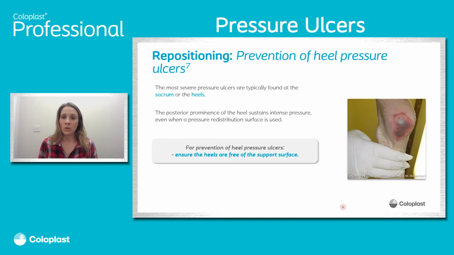When we look at heel ulcers, which actually are unfortunately quite common, it's one of the most severe types of pressure damage that we see. The most severe types tend to be on the sacrum or on the heels. And actually, we can completely remove this pressure from the person's heels.